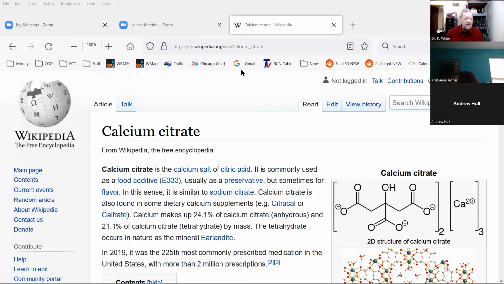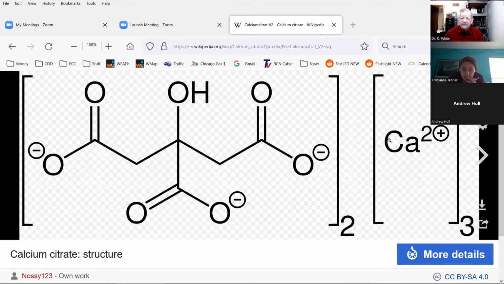Let me check and make sure. Everybody see calcium citrate on the screen? Here's the structure of it right here. This is the citrate anion, actually trianion, calcium plus 2 salt.